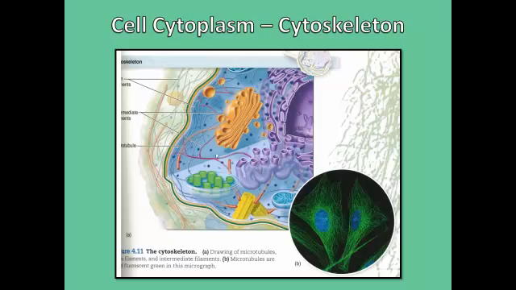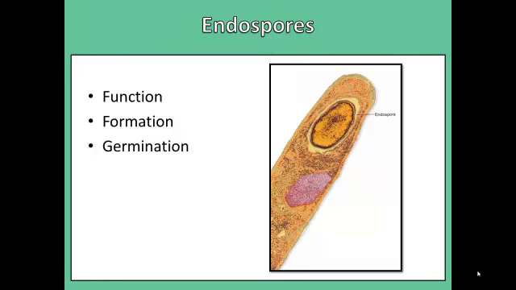I don't have a diagram of this in a prokaryote because it's so new, but they do have actin filaments like eukaryotic cells do, and they also have microtubulin, which is similar to eukaryotic cells. Currently, we think that the actin and the microtubules influence how the peptidoglycan gets laid down in the cell wall, thus influencing cell shape.